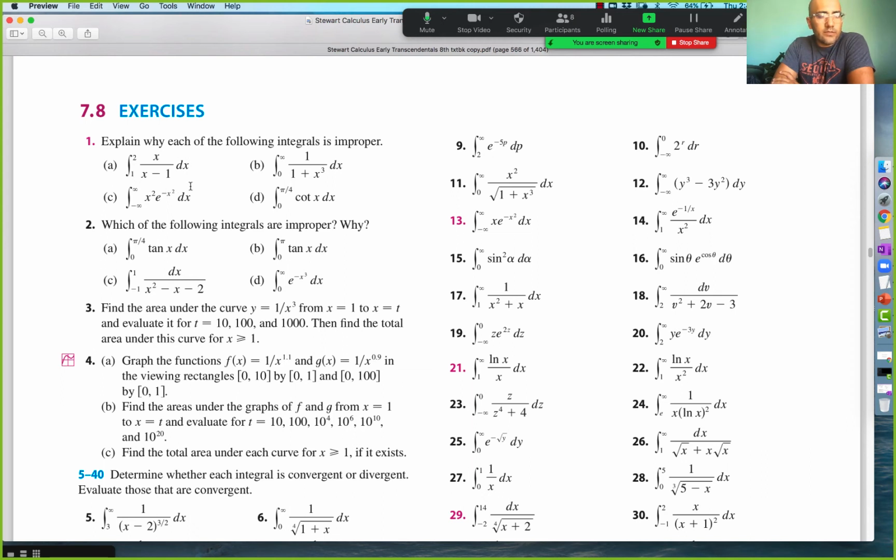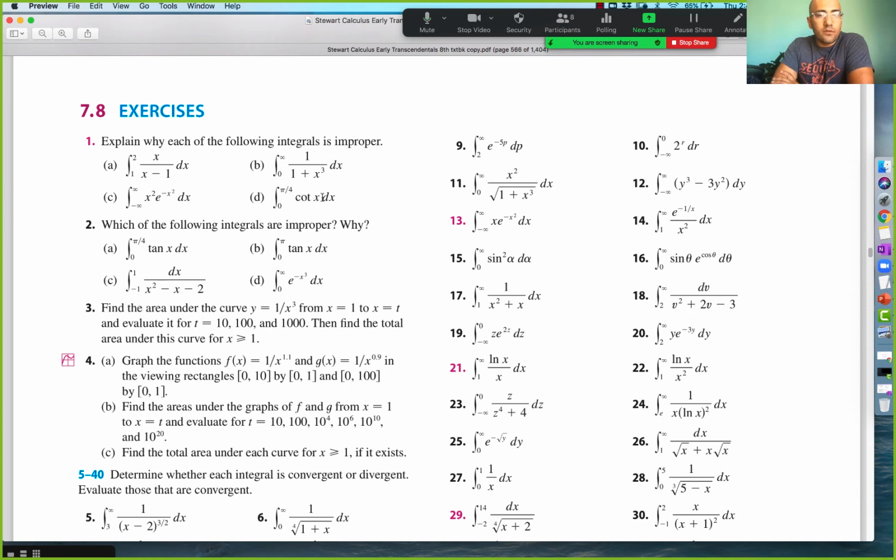Because here's the problem: when x equals 1, we're dividing by 0, right? We're going to have a vertical asymptote there, and we're trying to integrate from 1 to 2. That's going to cause a problem. If this had been the integral from 3 to 7, no problems, right? The function itself doesn't have a vertical asymptote there.